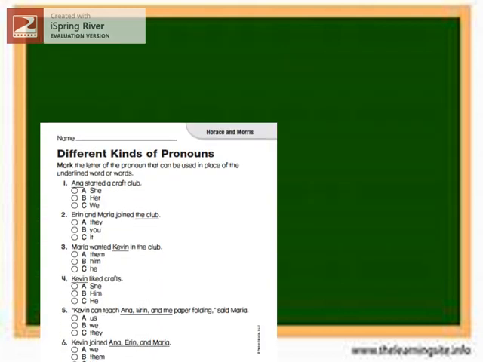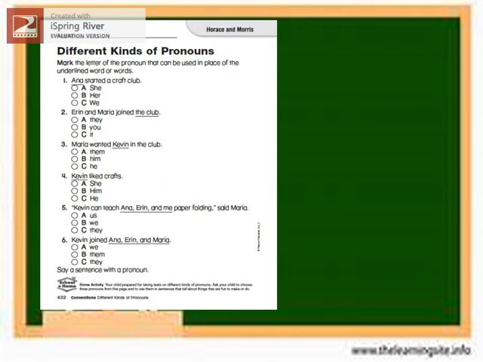Let's try another practice. Mark the letter of the pronoun that can be used in place of the underlined word or words. Number 1. Anna started a craft club. Anna. Erin and Maria joined the club. The club. Number 3. Maria wanted Kevin in the club. Kevin.